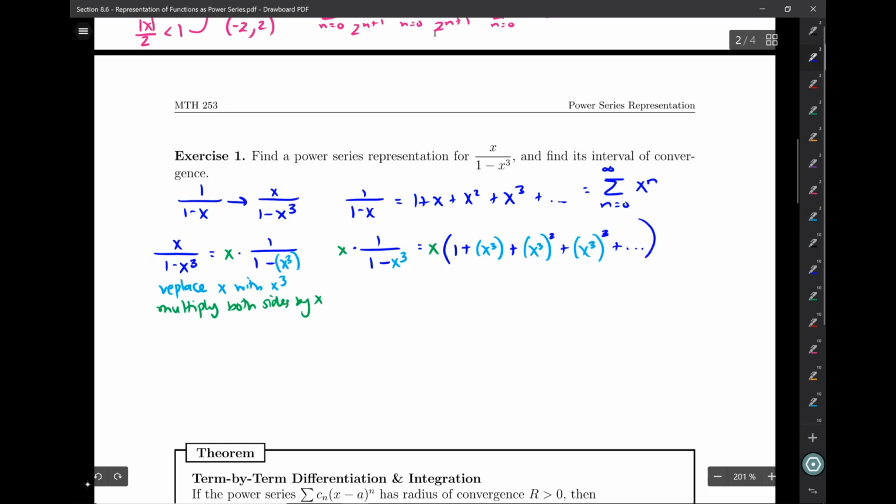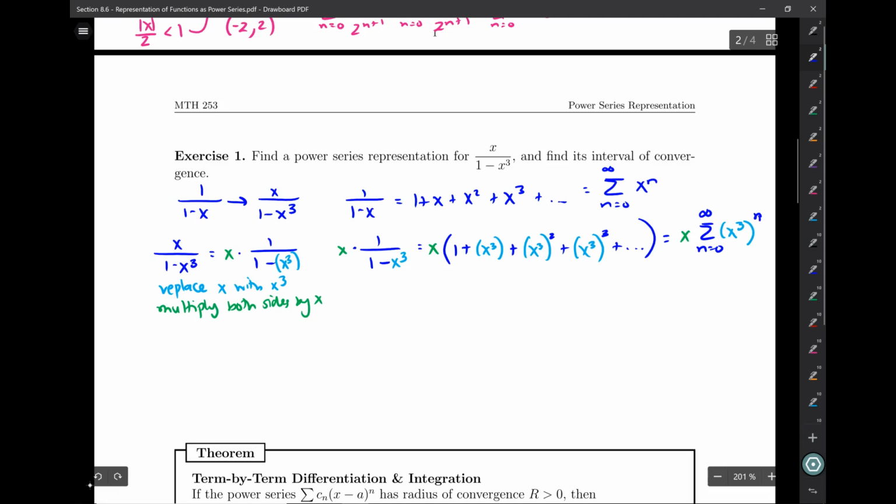Now, since the sum is in terms of n, I can write x on the outside of the summation. It does feel a little bit strange to me to write that, but I'm going to do that just because that's how I had it over here as well. And then instead of x to the n, it's going to be x cubed to the n.